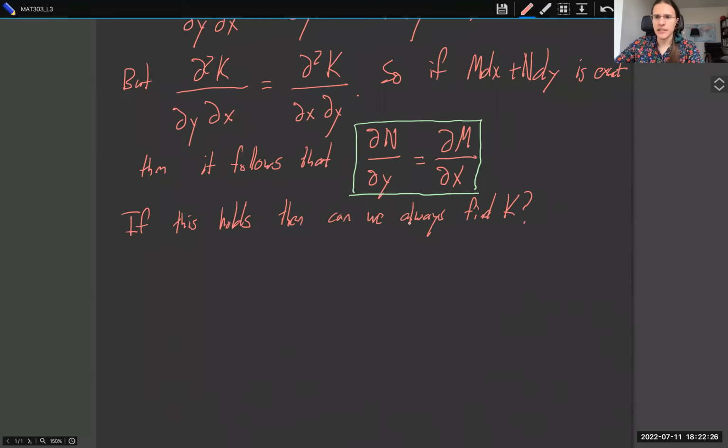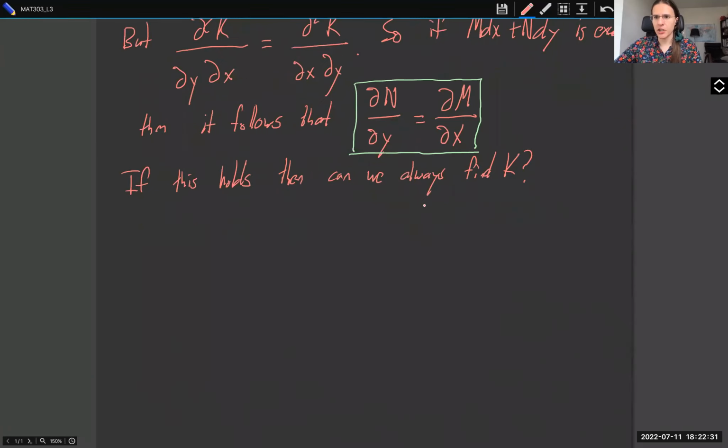And the answer is that yes, you can always find k, provided that the function is defined on a nice domain. So it's possible, for example, that m and n sometimes aren't defined, and there are holes in their definition. And when there are holes, sometimes it'll be impossible to define them globally. But let's assume that there aren't holes.